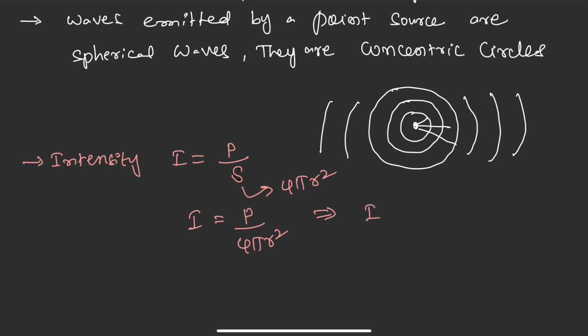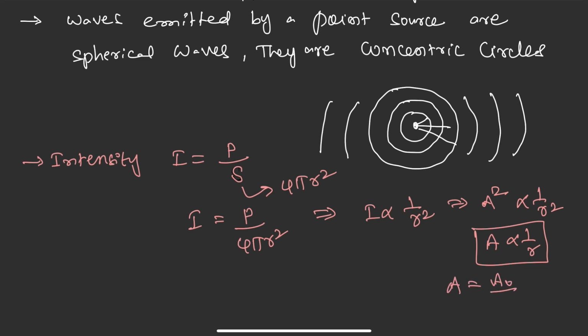From here, I is proportional to 1 by r square. Amplitude square is proportional to 1 by r square, so amplitude is proportional to 1 by r. So A is equal to A naught by r. This is the maximum amplitude.